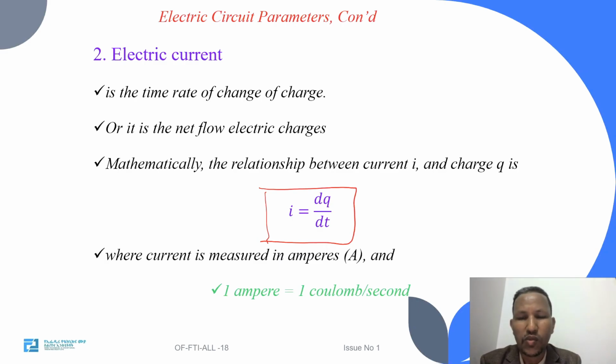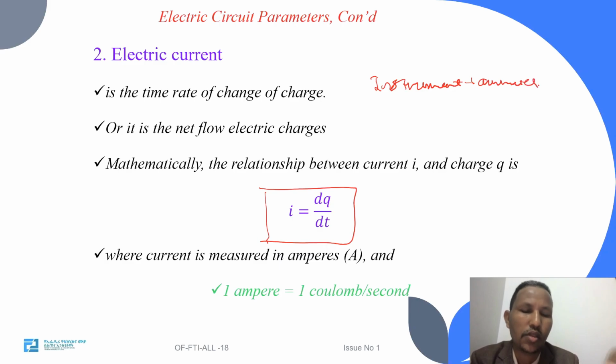One thing we need to consider here is that the instrument used to measure electric current is the ammeter. The ammeter is very important to measure the current flowing through the circuit.